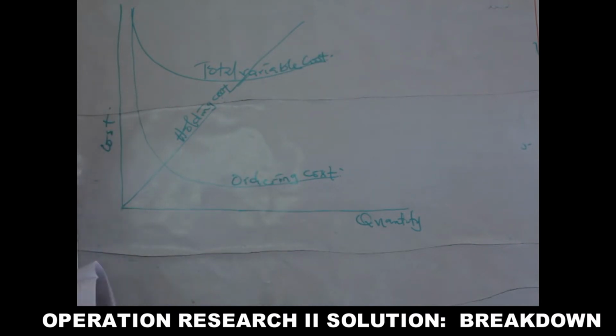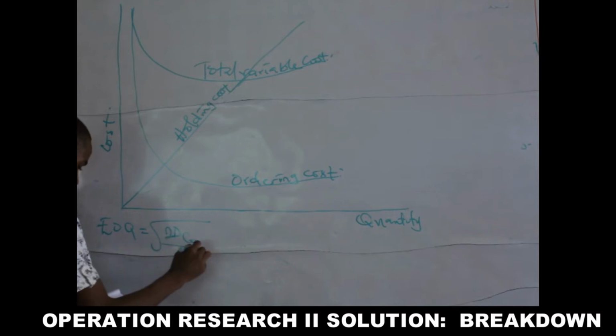So the question says, from your graph, we should determine Roman figure 1, the economic order quantity. Now the economic ordering quantity, EOQ, is given as the square root of 2DCO over CH.